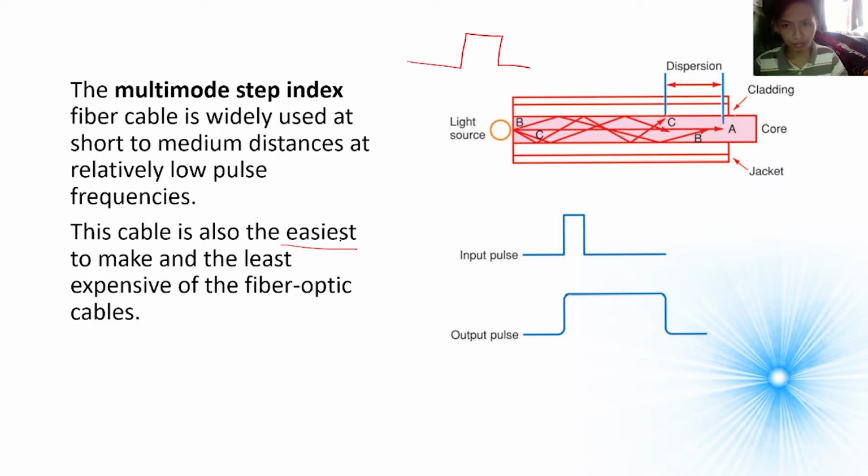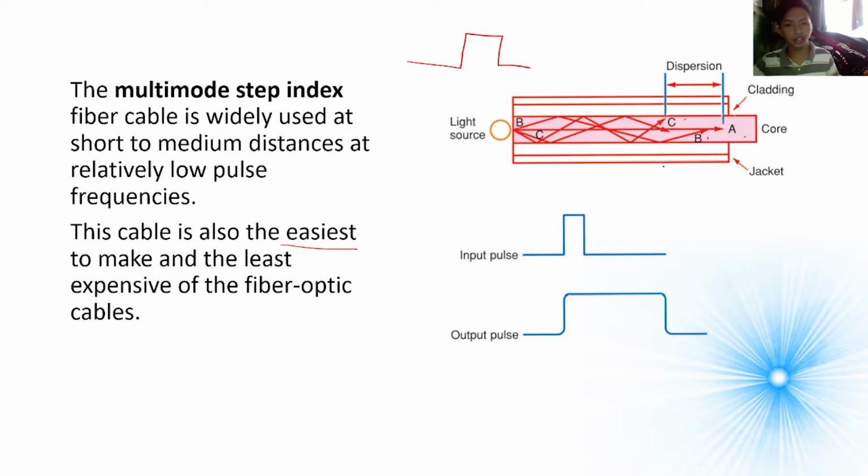This is the example. It is multi-mode because it has a lot of paths. There is C, there is B, there is A, and also there is dispersion.